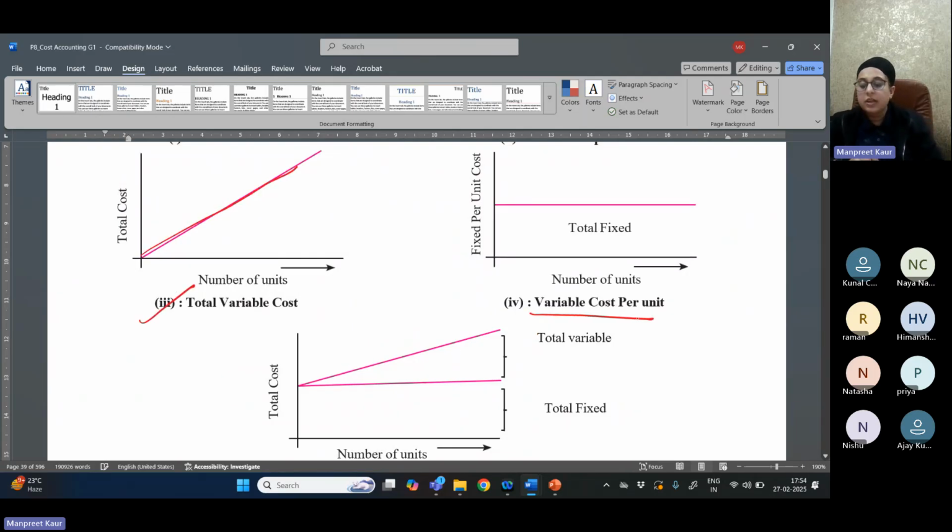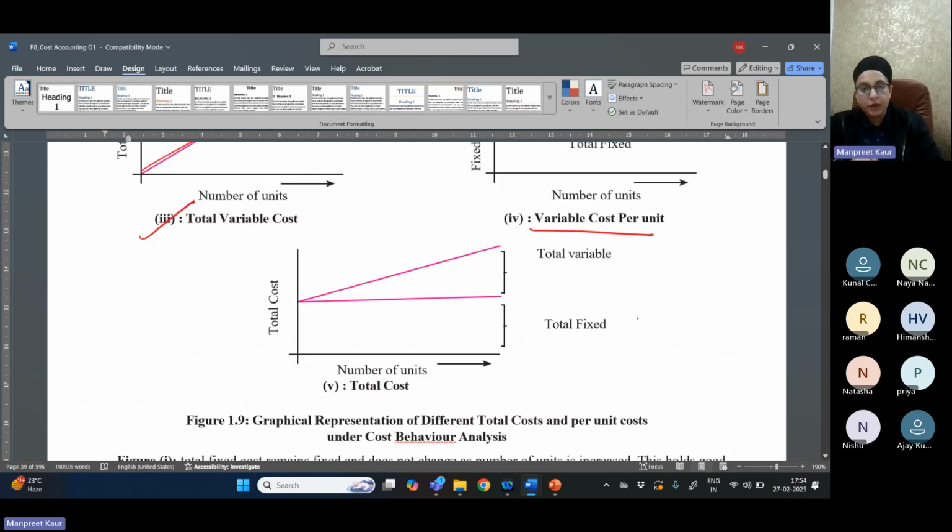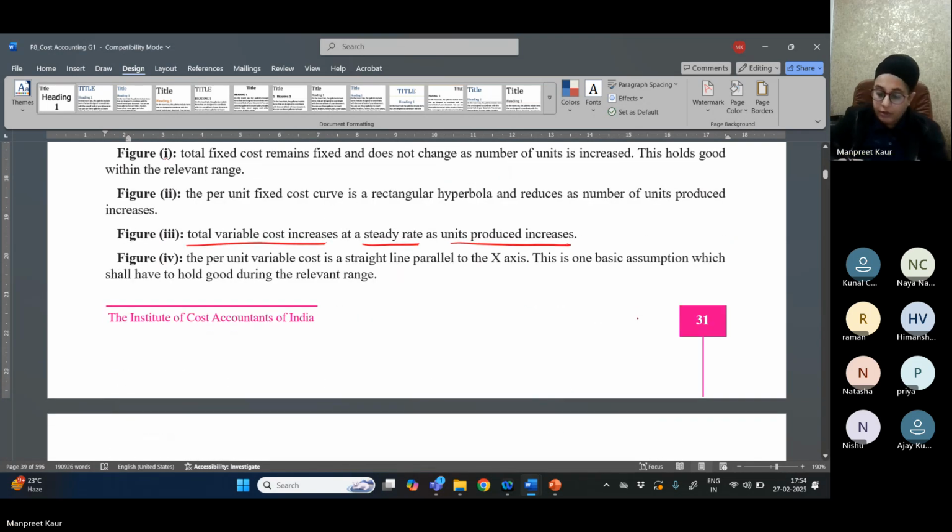But what about variable cost per unit? Per unit variable cost is a straight line parallel to the x-axis. This is one of the basic assumptions which shall hold good during the relevant range.